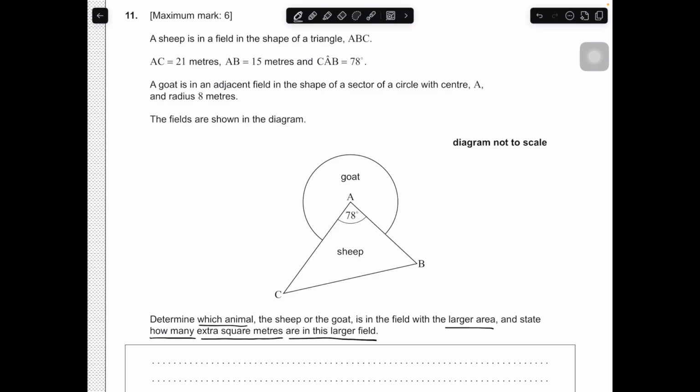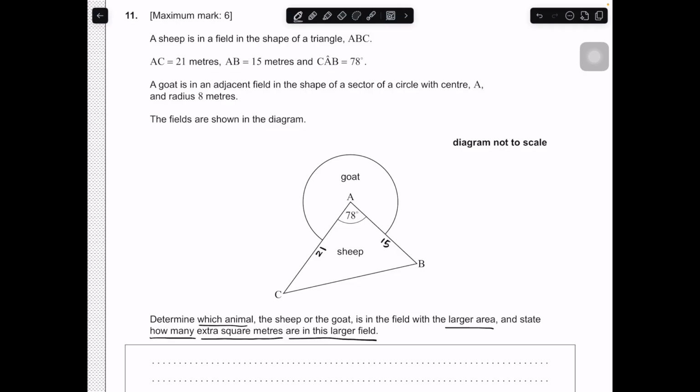Last thing as well, they give us a few values here. They tell us AC, AB, and CAB, but not all of these are on the diagram. And they also tell us the radius. So let's label this, and that's going to be helpful. So AC is equal to 21. So I'm going to put that here. And AB is equal to 15. I'm going to put that here.